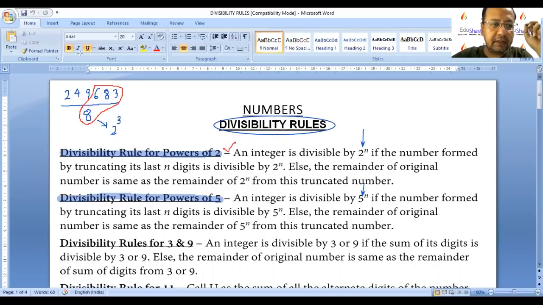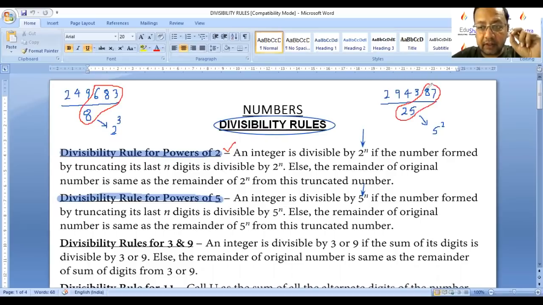So for example, just consider this. Suppose there is a number 294387, right? And I want to check whether this number is divisible by 25 or not. What is 25? 25 is nothing but 5 squared. So what I need to check here is the last 2 digits of this number, that is 87.